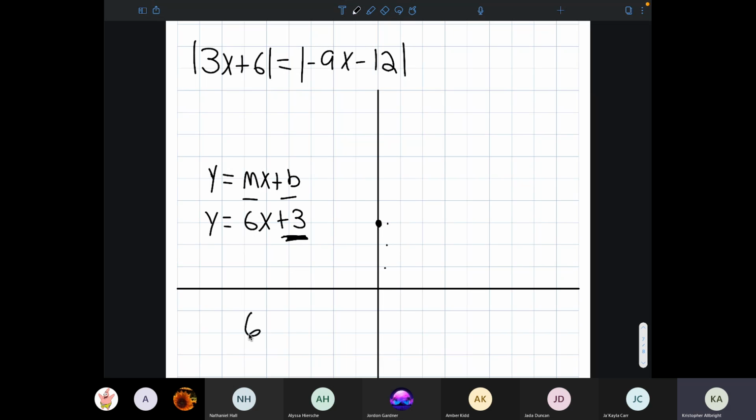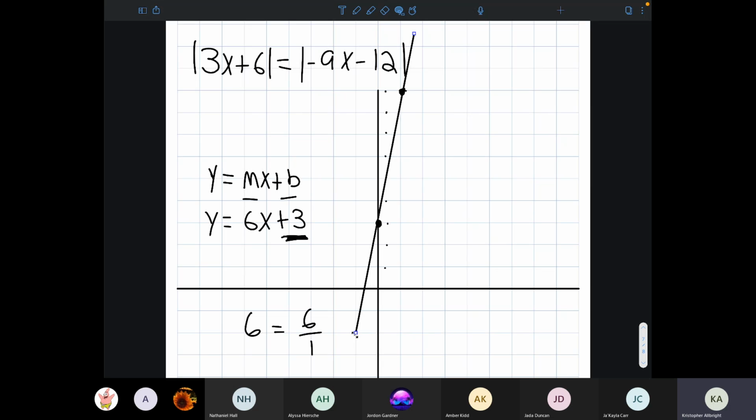In this case it's 6, but 6 is the same as 6 over 1, because if you divide anything by 1, it's the same thing. So 6 over 1 is our rise over run. We rise 6, 1, 2, 3, 4, 5, 6 over 1. So I put the dot here, and then we draw a line through the 2 points.